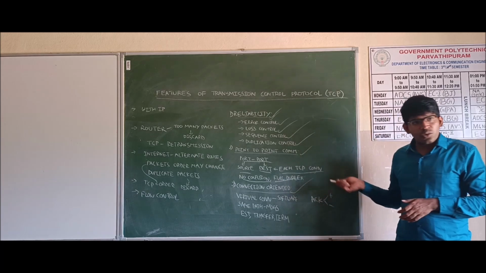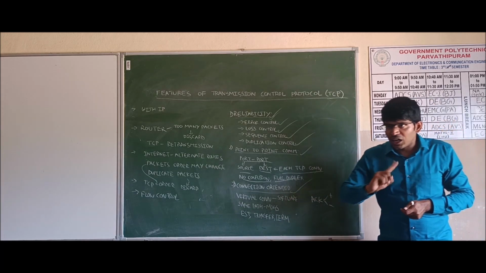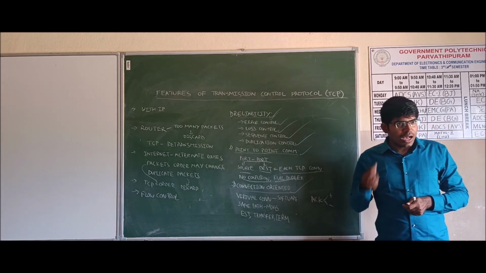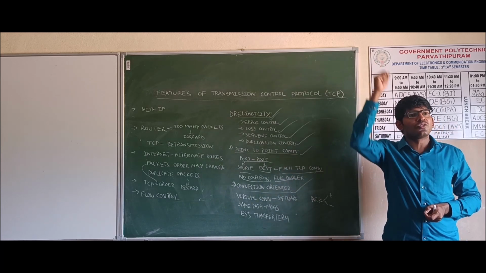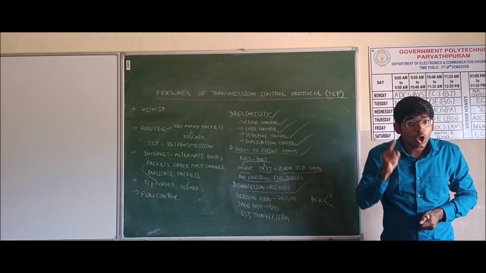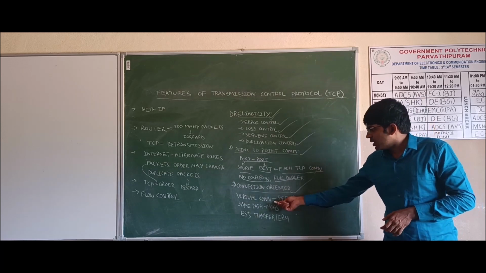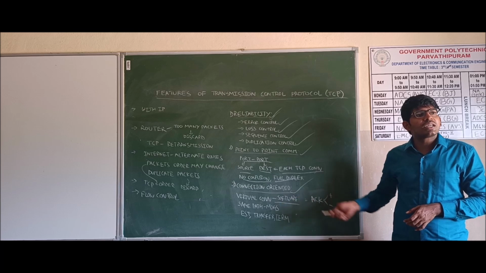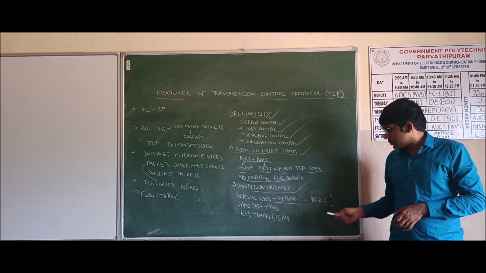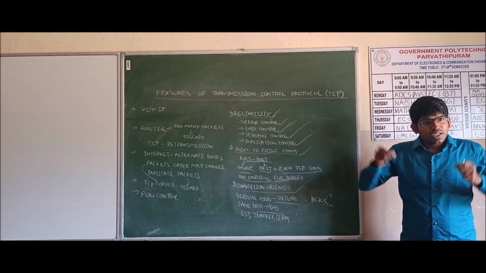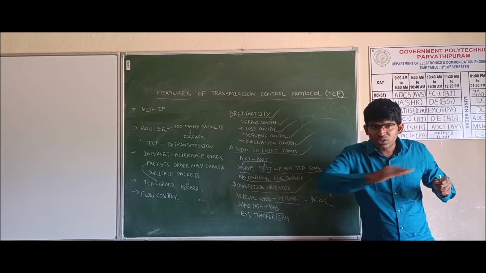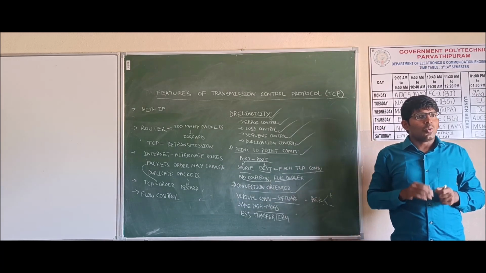And this is connection oriented. The connection is not a physical connection. I am not establishing any physical connection between this LAN and the WAN of Google. This is a virtual connection. The virtual connection is made by using software. Only by using this connection will the messages be transmitted.